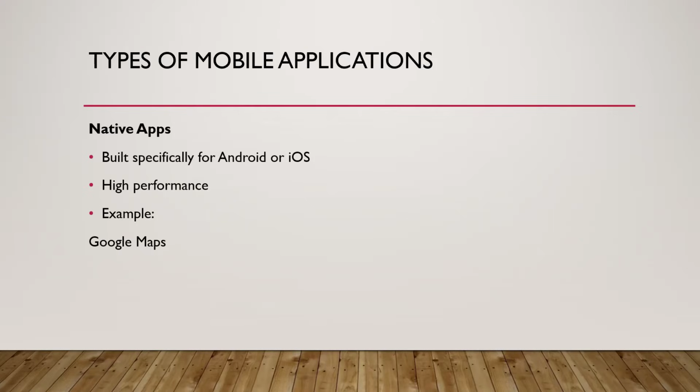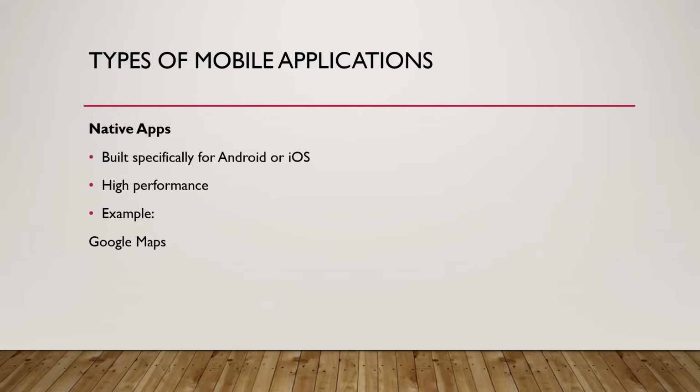As I already told you, there are three types of mobile application development. The first one is native apps. What is a native app? It is built specifically for Android. Once the app is created, it is only specifically built for Android.